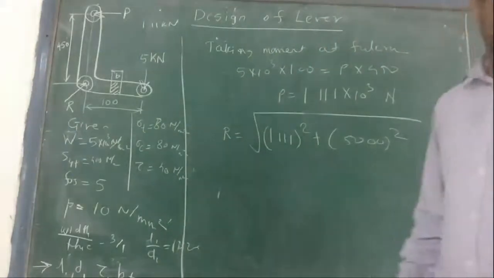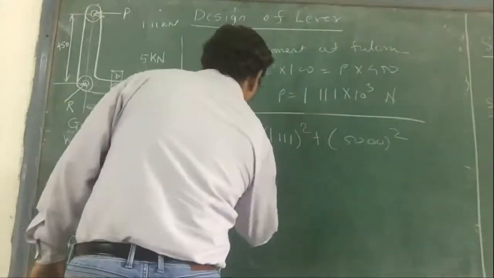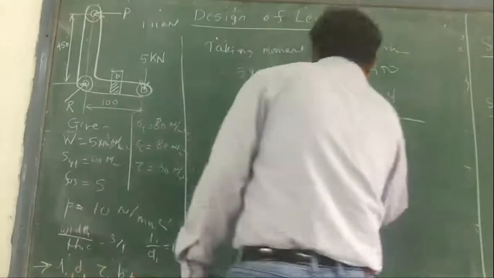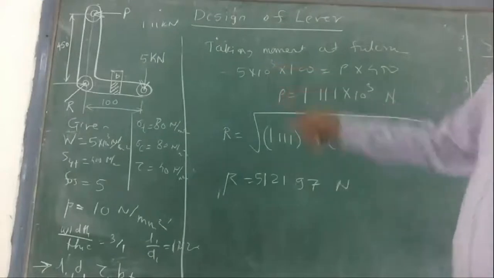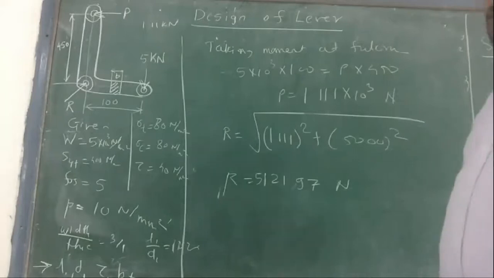So with that, the R we get is 5121.97. So the reaction, or the bearing load at the fulcrum pin R, is 5121 Newton or 5.121 kilonewton, right?